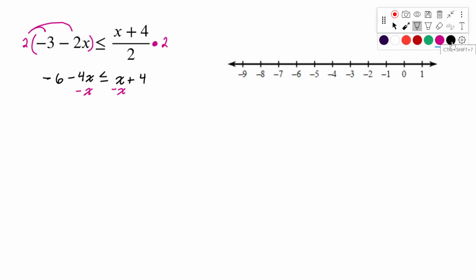Now you could certainly add the 4x, but there's something I want to point out if you would subtract this x to the left side. So now we have negative 6 minus 4x is less than or equal to 4. And I forgot my x, there we go. Negative 6 minus 4x. Now to undo the minus 6, we add 6 to both sides.